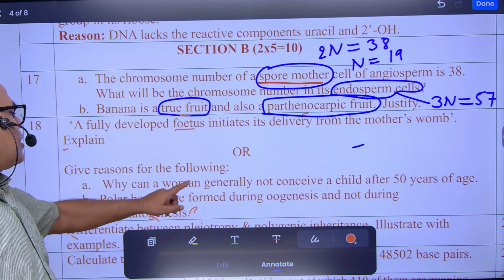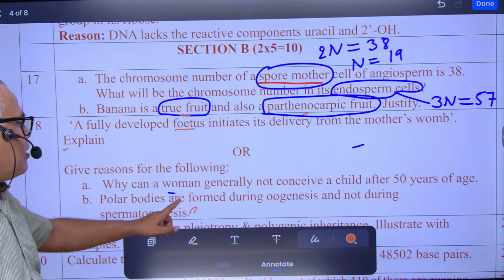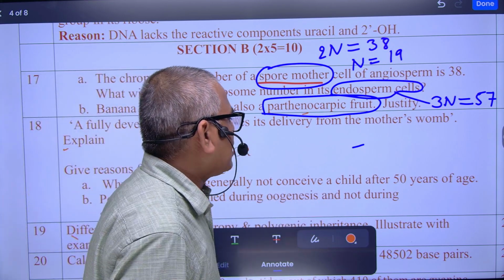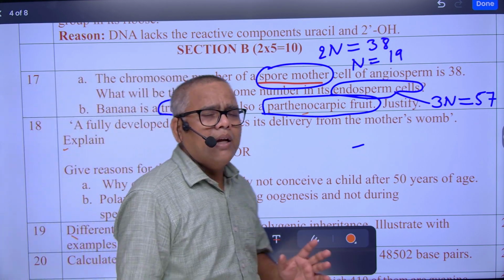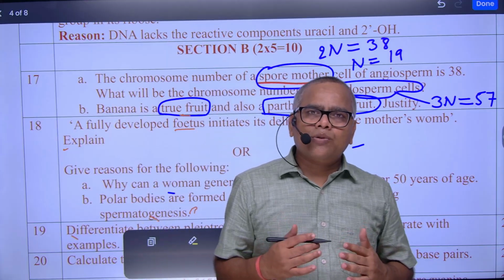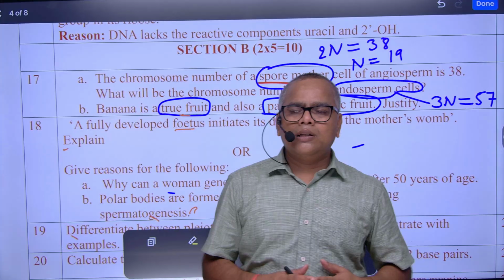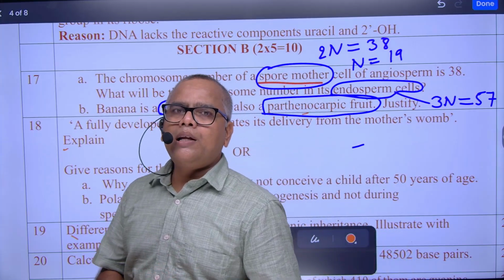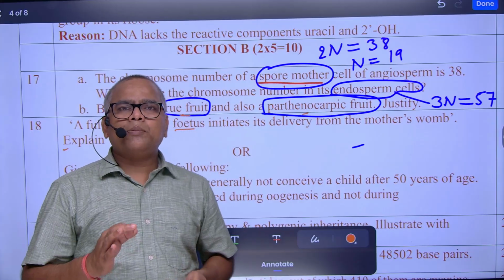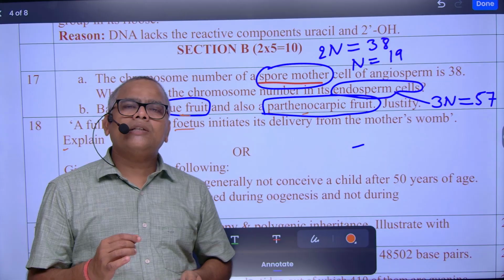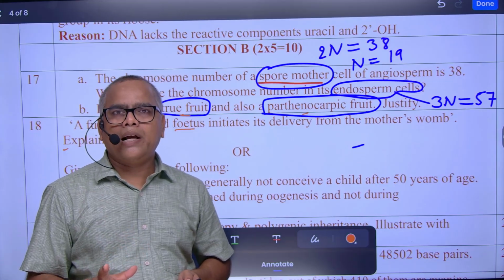Give reasons for the following. Why can a woman generally not conceive a child after 50 years of age? When we come to the sexual age in humans, there is a difference in male and female. In males, once puberty starts, it continues throughout life.